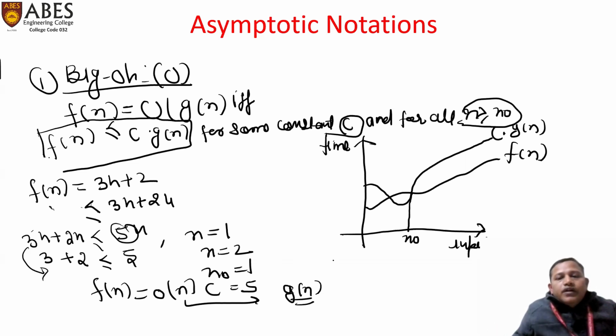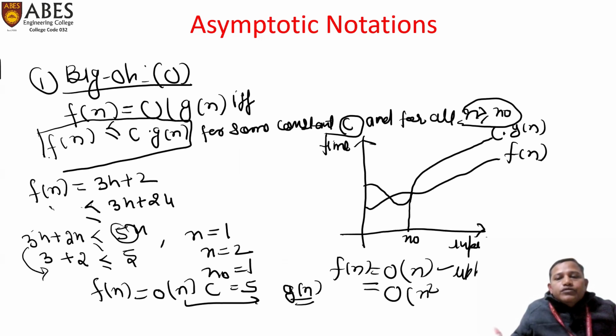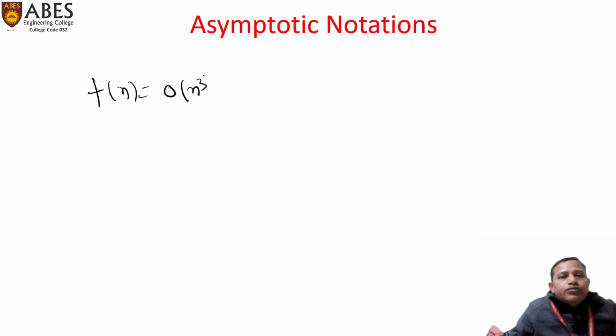What is the meaning of f(n) equals big O of n? The meaning is that this function is bounded by big O of n, and because this is called upper bound, it is also bounded by big O of n square and big O of n cube.